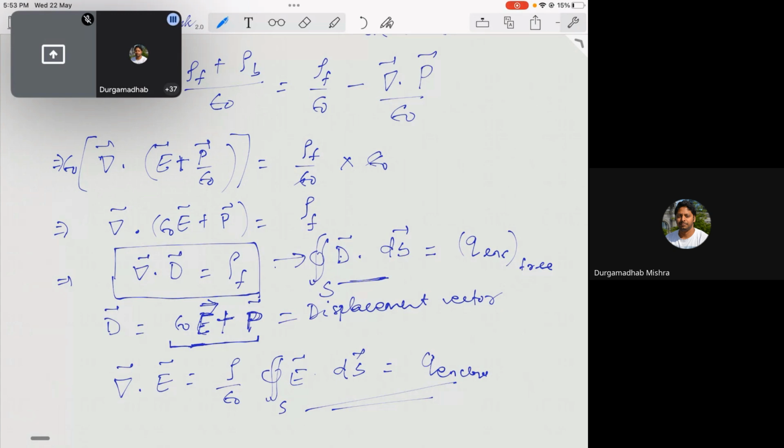Okay, so that's why we are using a new vector quantity D, so that we can find the electric displacement vector, which is the equivalent of the electric field in case of conductors or free space. Whenever we talk of dielectrics, we will always refer to this electric displacement vector, which is similar to the electric field, but has a term which depends on polarization of the material.